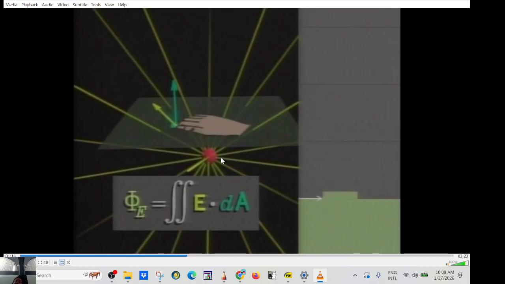So for example, if this is the x-axis and this is the y-axis, so that will be a small area can be dx dy. So you have to integrate over x and integrate over y. And then you can use cylindrical coordinate or spherical coordinate. Yes.